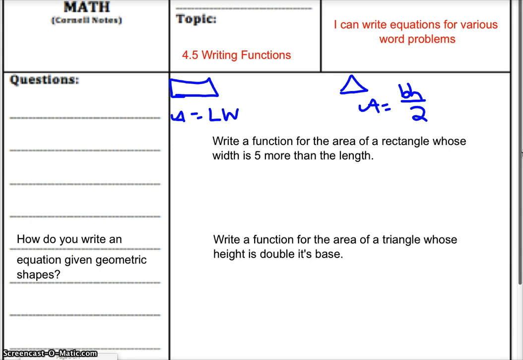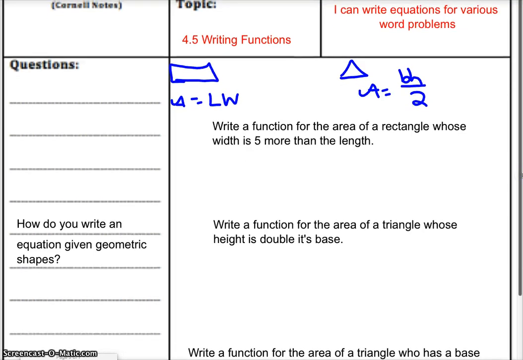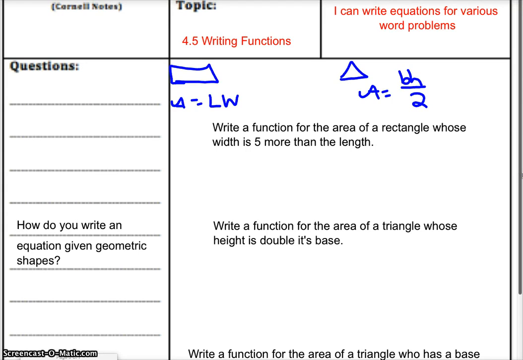I want to write a function for the area of a rectangle whose width is 5 more than the length. So area of a rectangle is this, right? Area equals length times width. I always start with what you know. I know that. Now I'm going to deal with what I don't know. The width is, remember that means equal, the width is 5 more than the length.